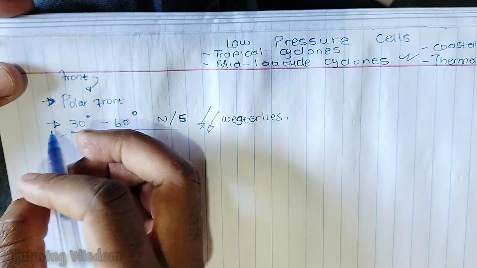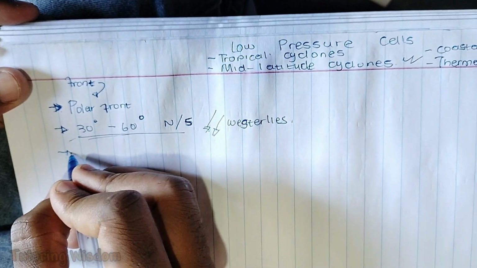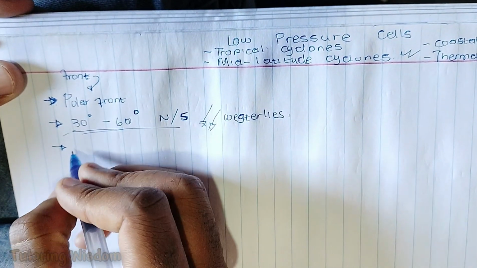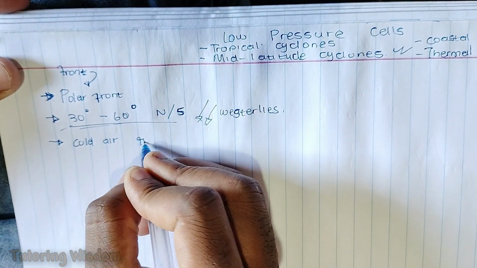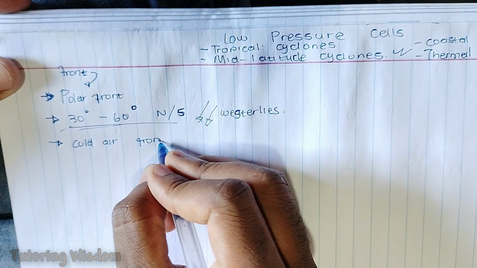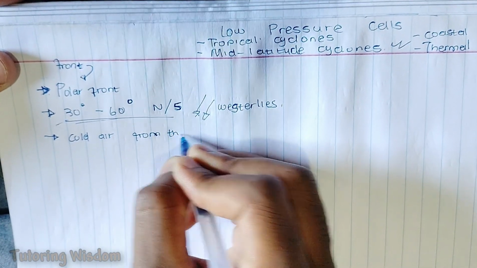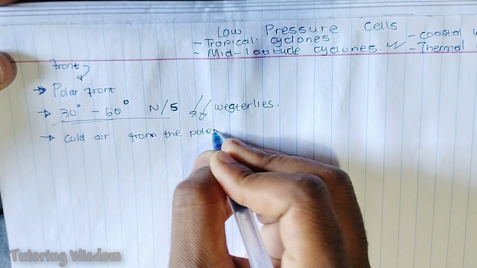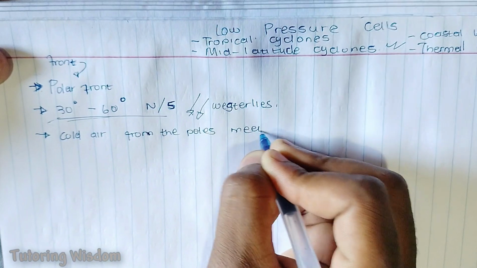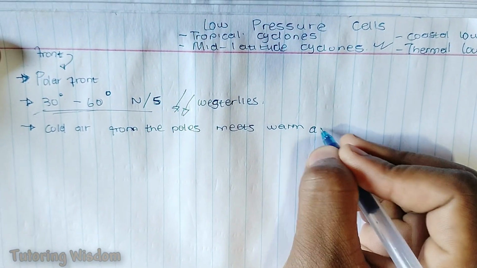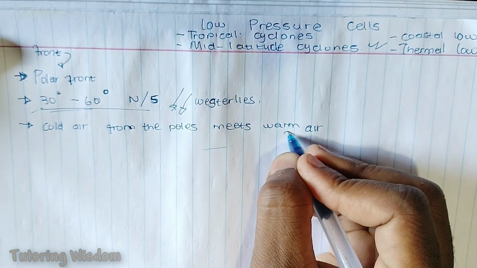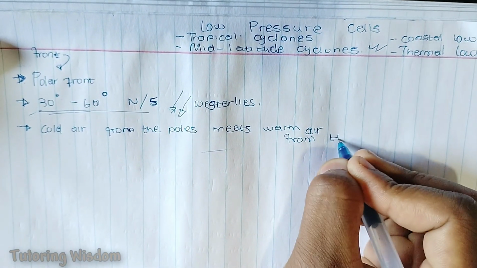Now you also have to know that mid-latitude cyclones can only form when cold air from the poles meets warm air from the equator.